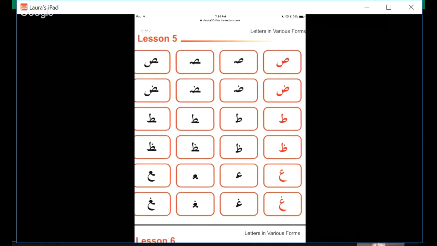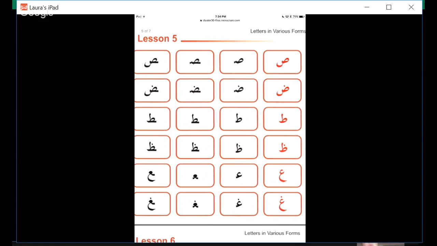It gets that big shape back, but it still looks different than the isolated one. Same thing with ghain. It makes those same changes, but the difference is here you have a point above the letter. So you have ghain in its isolated position, ghain at the beginning of a word, ghain in the middle of a word, and ghain finally at the end of the word. Okay? But you can see how they change.